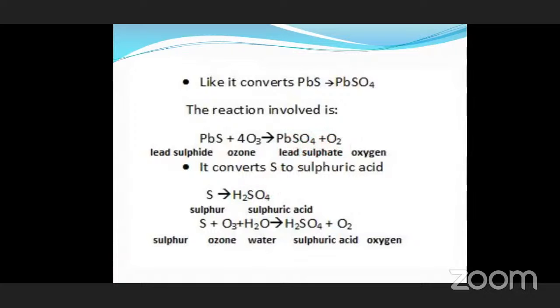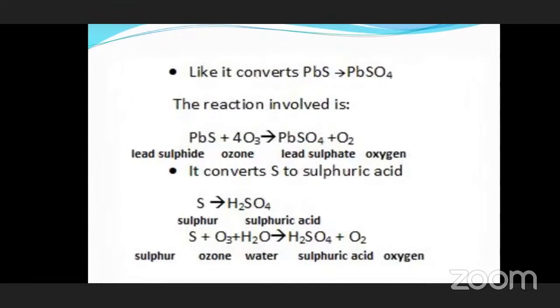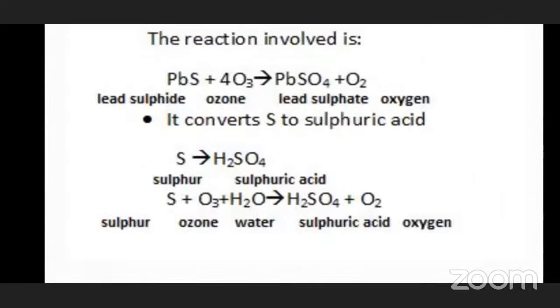And next, when sulfur is reacted with ozone in the presence of water, it forms H2SO4, that is sulfuric acid, as well as oxygen as a byproduct. So this is about the chemical reactions of ozone.